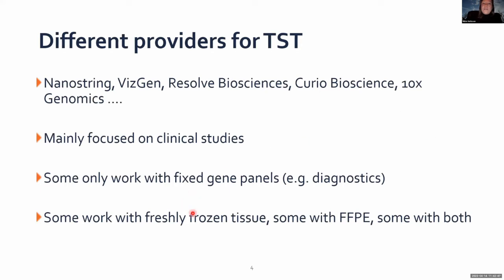Some of them only worked with fixed gene panels, for instance, for diagnostics, to detect markers for certain diseases. And there is also a lot of difference. Some work with cryosectioning, and you heard from Stefania that there is some trouble with that. Some work with embedded and fixed tissue, which I will refer to as FFPE, or some actually are a bit agnostic and use both.